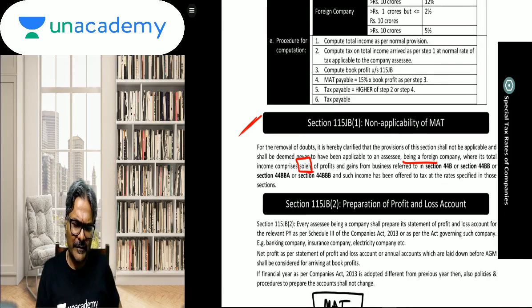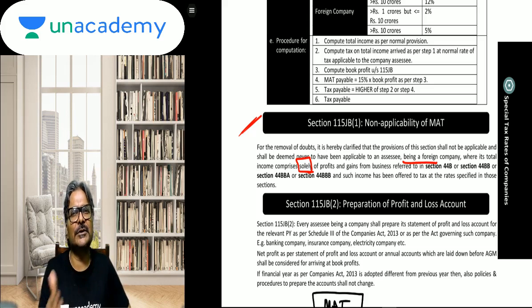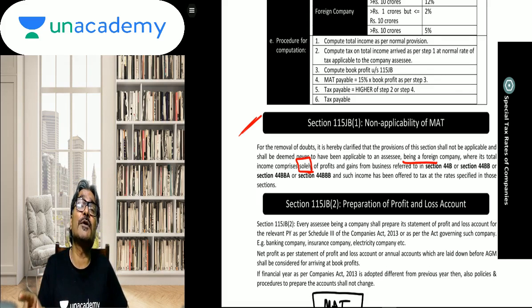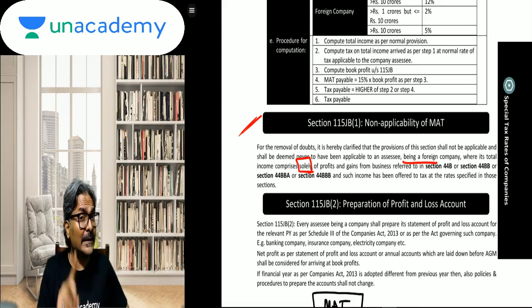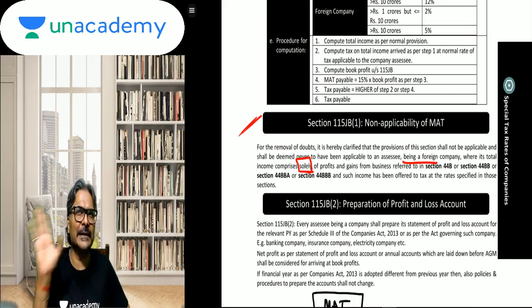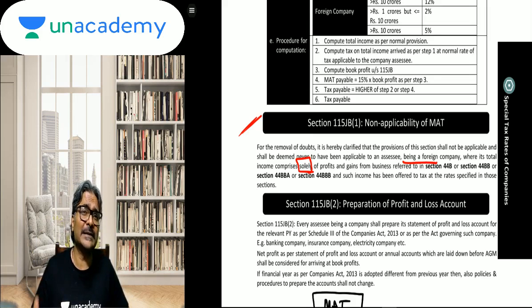Now students, here 115JB subsection 1, non-applicability of the MAT. So here, supposing, students, you are a foreign company, and being a foreign company, there is a presumptive taxation that is applied to you. Like a shipping company or an airline company to whom the provision of section 44B or 44BBA is applicable, and you have computed already on a presumptive basis your income, and that is the only income which is assessed under the Act. There is no other income which is assessable under the Act.